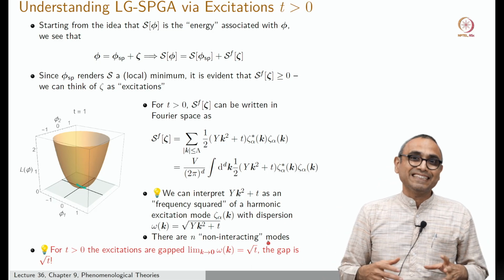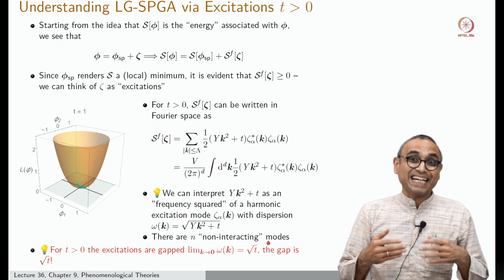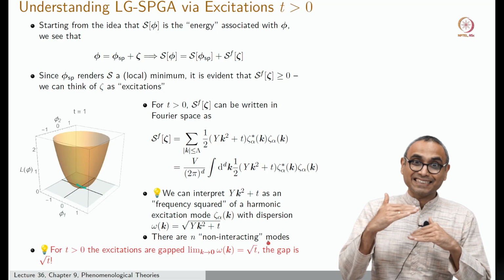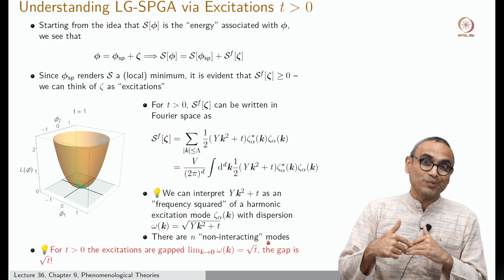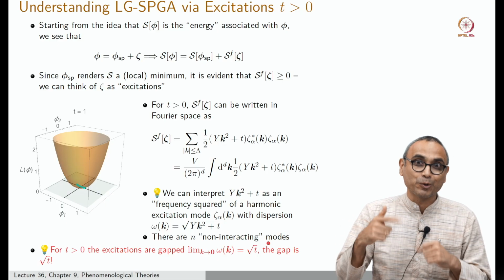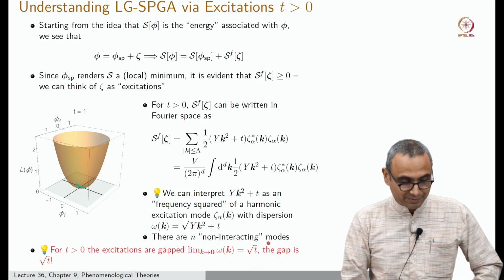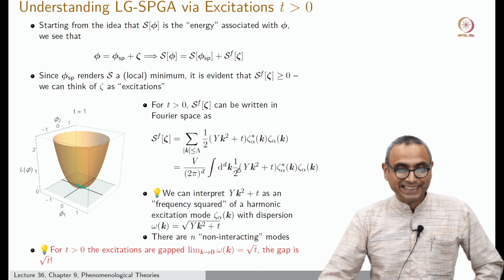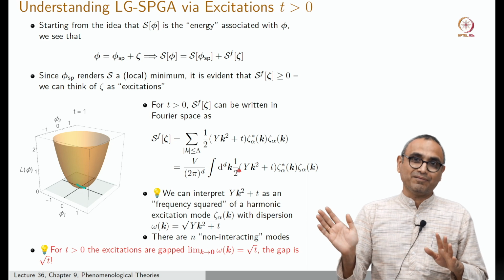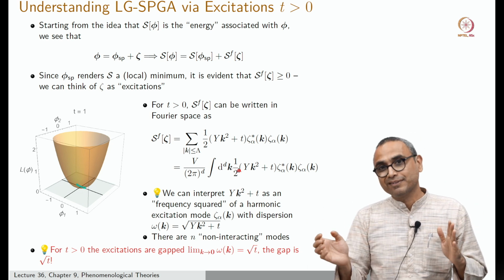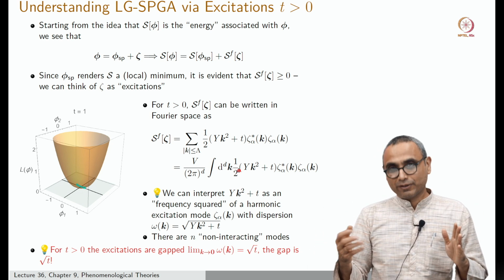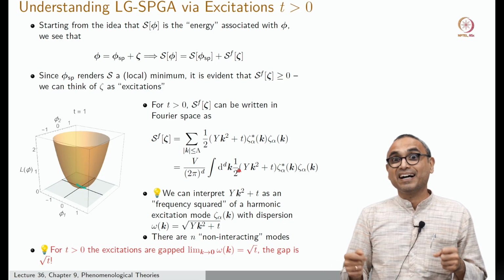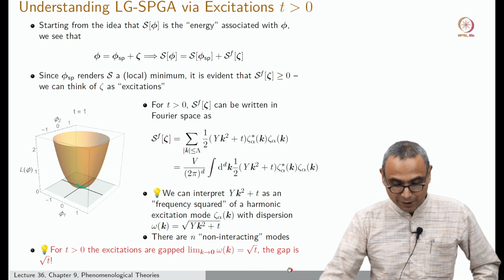So my frequency does not go to 0. That means there is a gap to excitation. So we say that the excitations above the saddle point, above the transition temperature, or little t greater than 0, are gapped, and the gap value is the square root of t.